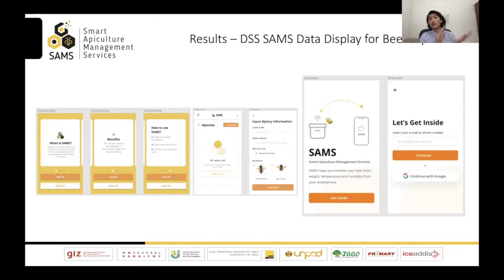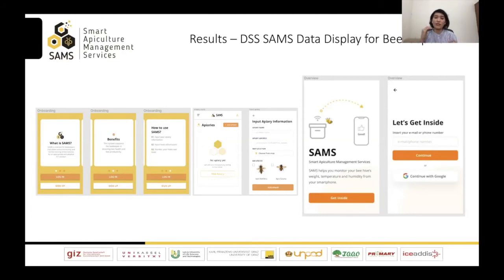So you can see the evolution of it, and on the right side you can see the most recent design of the interface of the DSS. Instead of pouring in too much information, we just say this is the unique value proposition of SAMS, which helps monitor your colony.